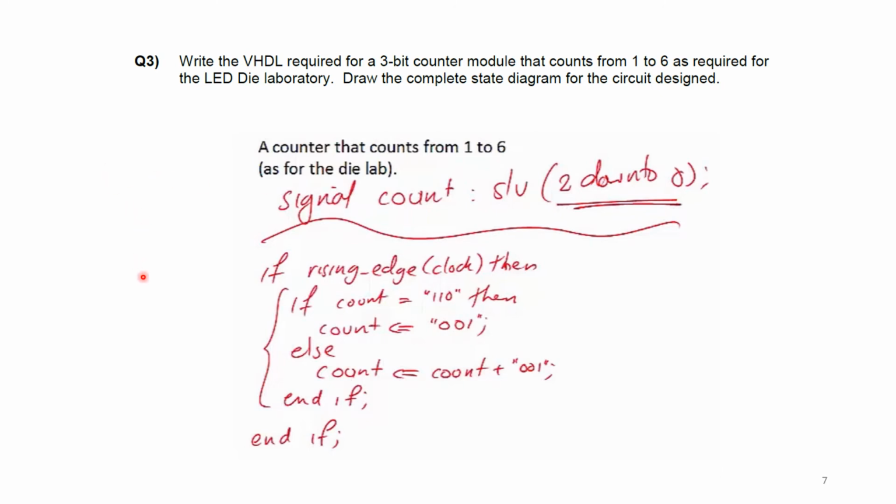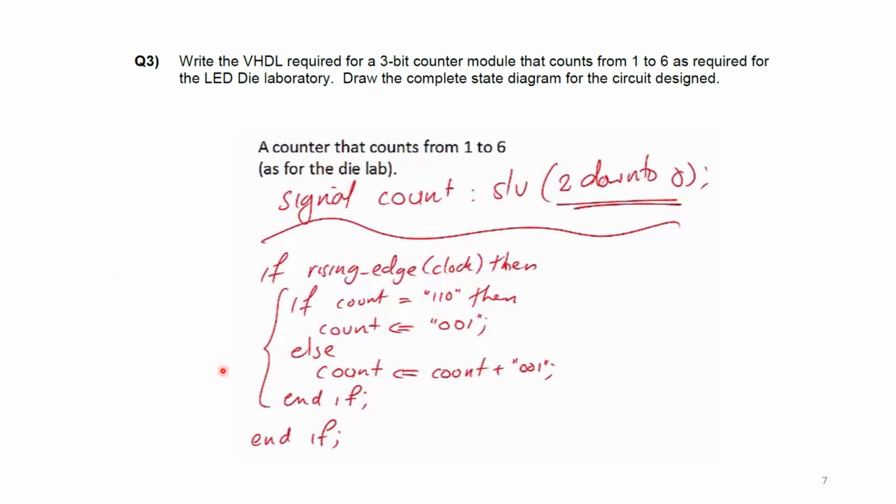For synchronous action we can check it using this statement: if rising_edge clock, then if our count is 110, that is 6, then count equals 001, else our count will be count plus 001. End if and end if, we are closing them, right?